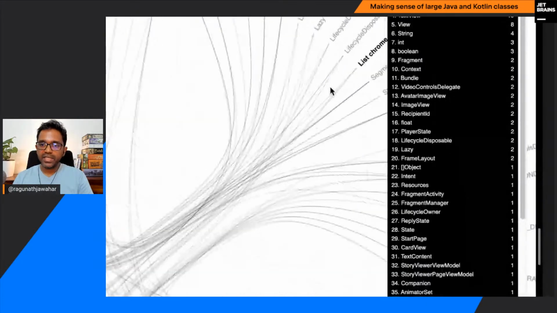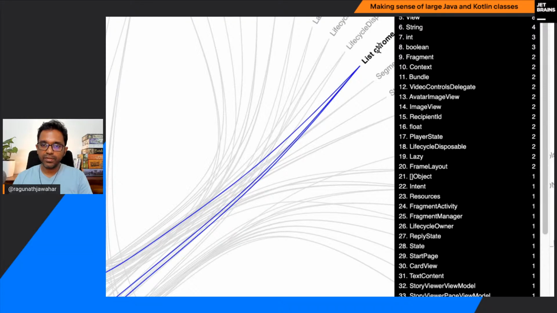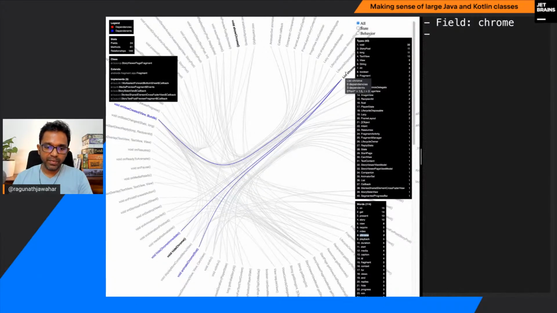The next thing that I'm going to see is what is the relationship of Chrome with other members in the class, right? If I highlight Chrome, it's going to say there are three things that are dependent on it. And I'm sorry, I couldn't zoom in because the click to select is not implemented. But at the bottom, you could see there is hide Chrome immediate and animate Chrome that depend on Chrome, right? And then there is also on view created.